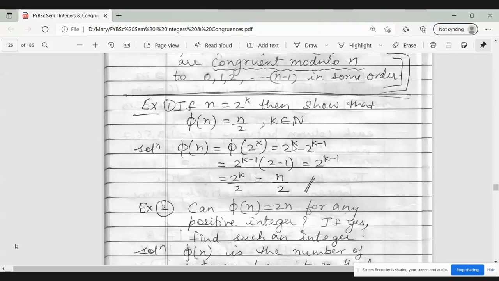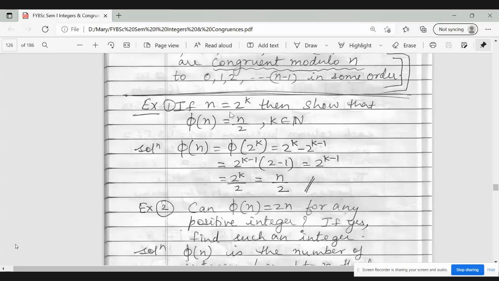So what do you get? You get 2 here, minus 1, and 2 minus 1 is 1, so that factor goes. You get only this 2 raised to k minus 1. Now, if your number is 2 raised to k, you are getting here 2 raised to k minus 1. That means it is 2 raised to k divided by 2, that is n by 2. So whenever our number is like this, which number? 2 raised to 5.